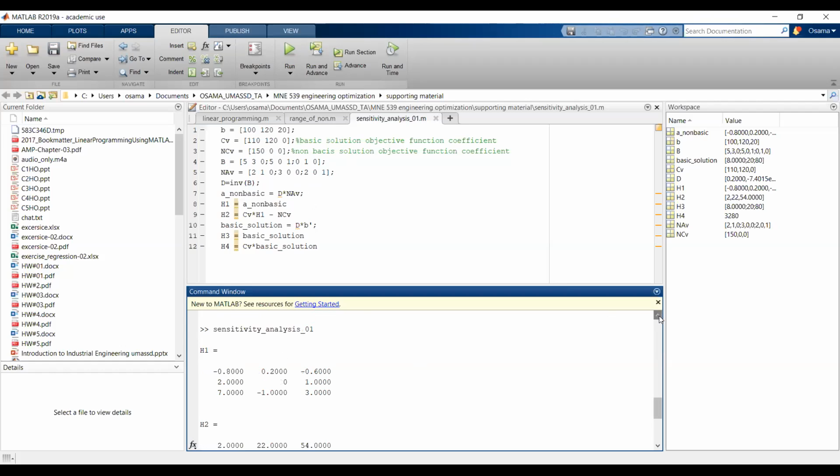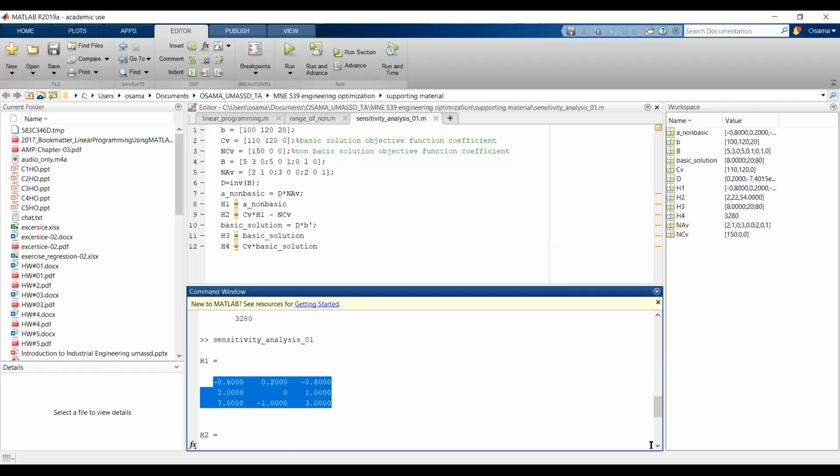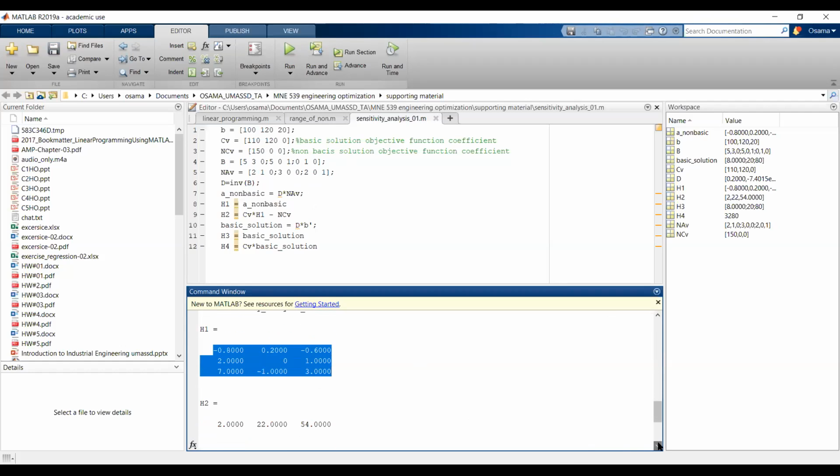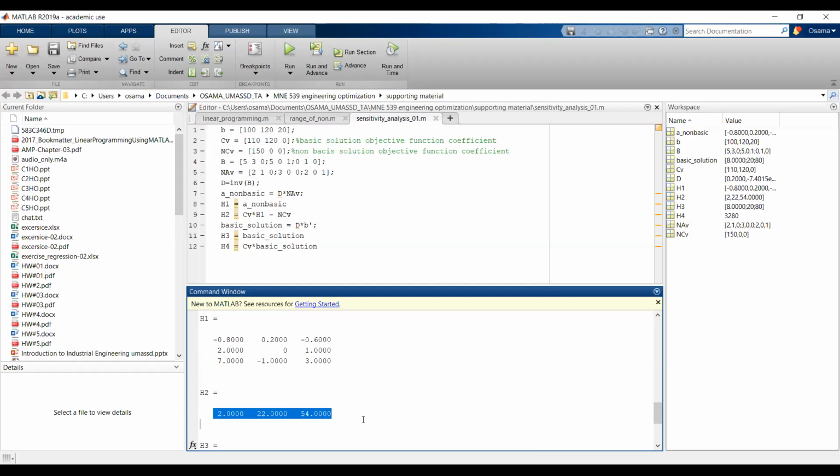So let's see what the code gives us. So this is the shadow price for the technological coefficient for the non-basic solution. And this is the optimality condition. So you can see the optimality condition says it's optimal. So I have reached the optimal condition.